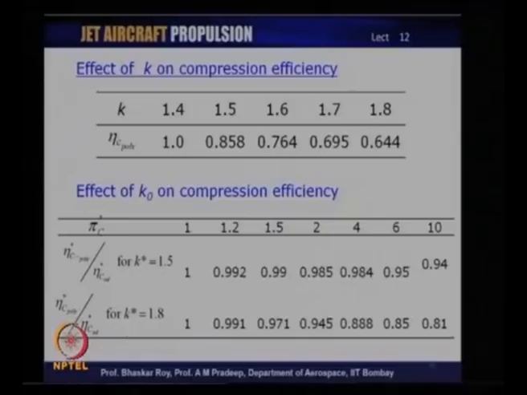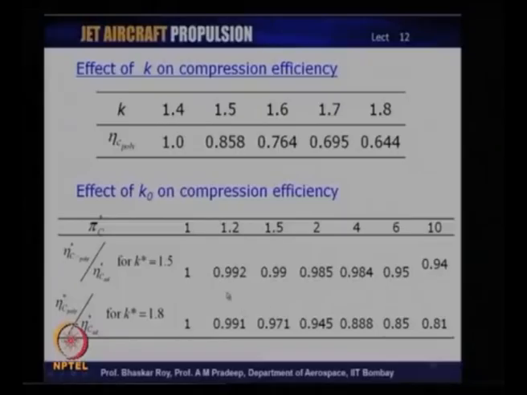If we look at k 0 and its effect on the compression efficiency, we see that as the value of k 0 changes from one value to another, and as the compression ratio changes, the value of efficiency changes substantially. If we have a compression ratio of, let us say, 1, that means no compression at all, we say that the efficiency is 1. And when the value of k 0 changes, it remains 1.